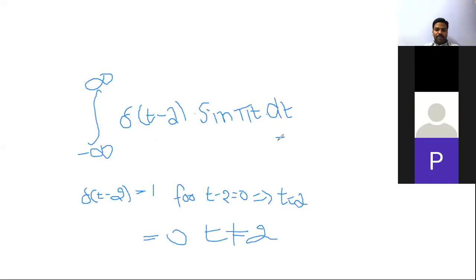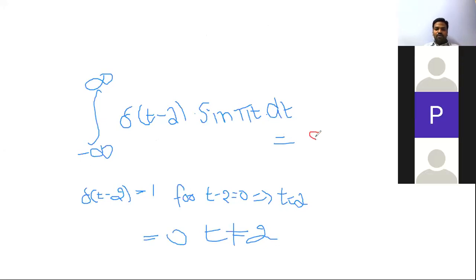So that means you need not evaluate the entire function from minus infinity to plus infinity. Now please see here, what is the function value? It is sine pi t at t equal to 2. Now substitute t equal to 2 there.